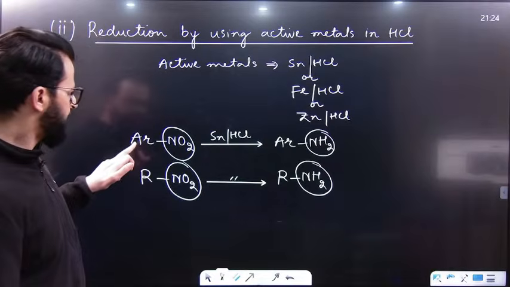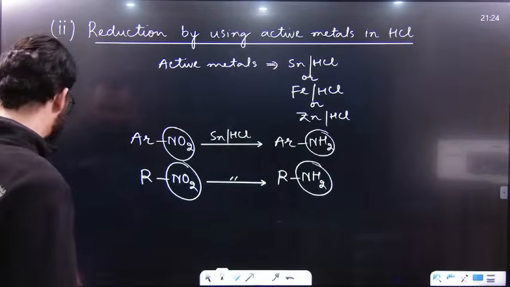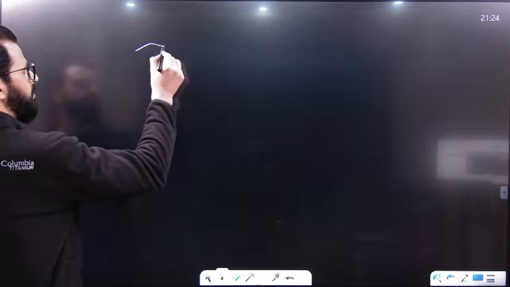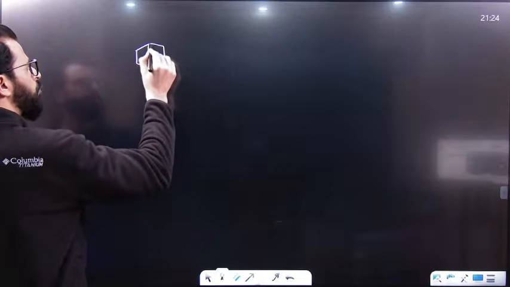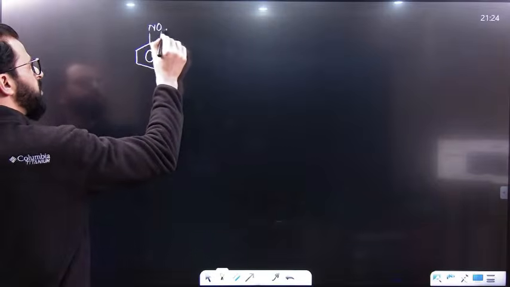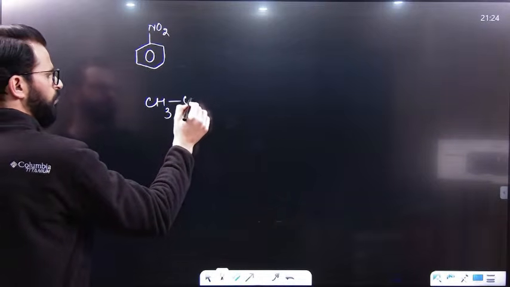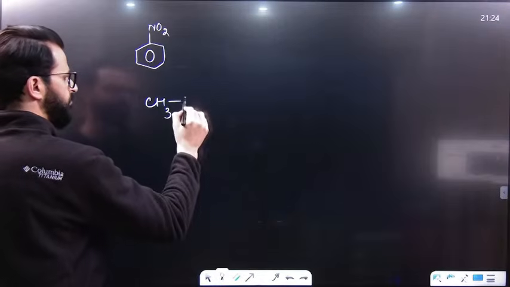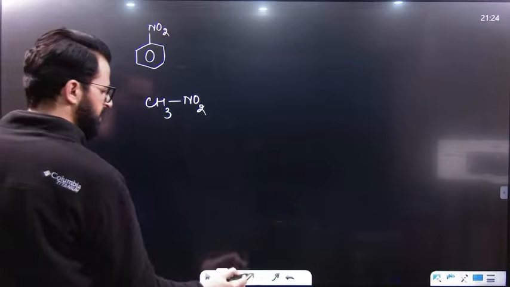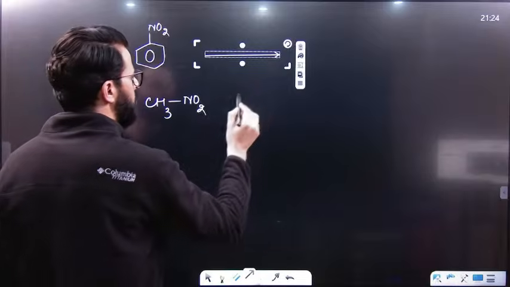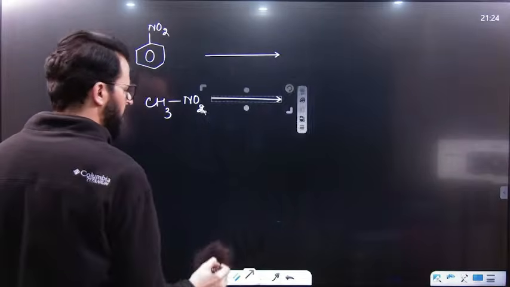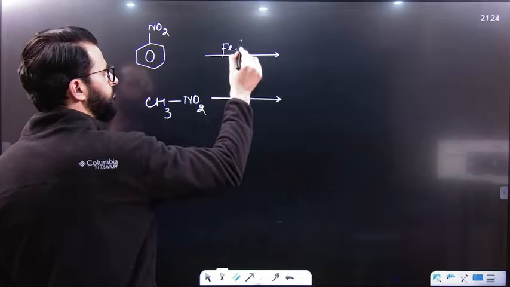Now, if I give some example like this, what will be the product? Simply nitrobenzene and nitromethane. What will be the product over here? Nitrobenzene and nitromethane upon reduction using, say for example, iron in HCl.